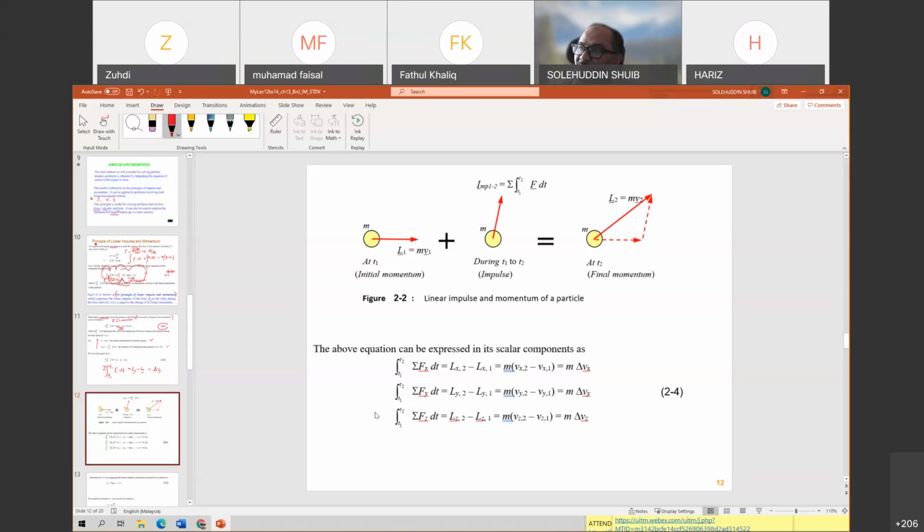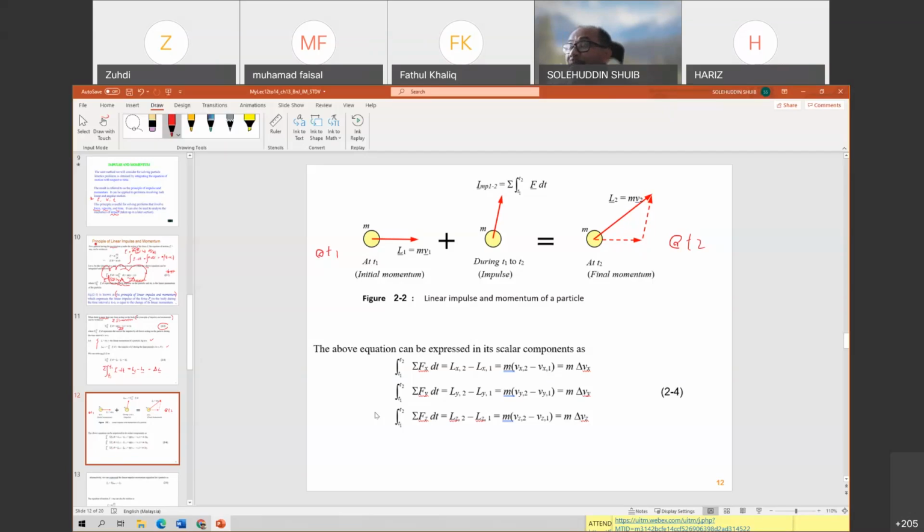You see at T1, this is initial momentum, and this is at T2. We have initial, we have final, and between time T1 to T2, we have impulse.